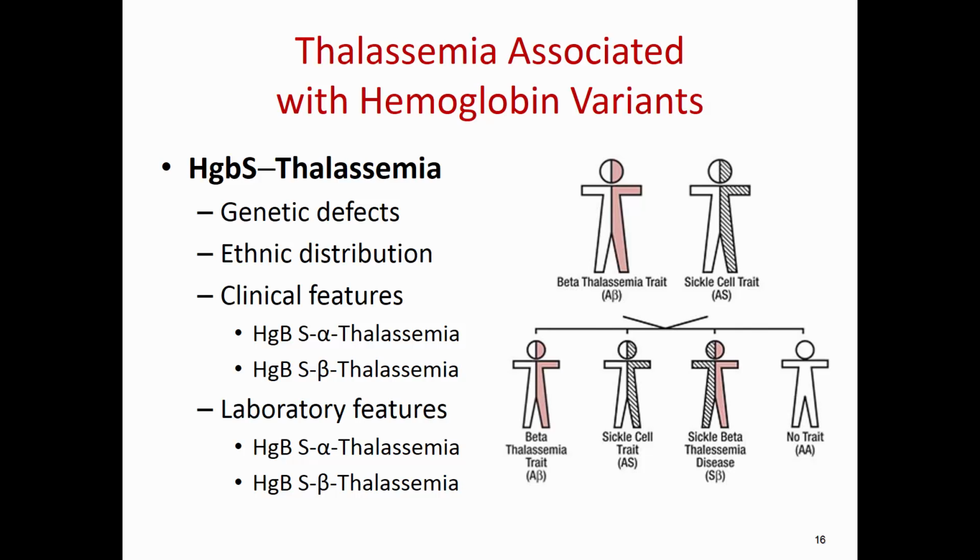Which means that on amino acid number 6 of the protein produced by this gene, instead of glutamic acid, I have what? Valine. That's right. I'm going to put S in here. Okay? But on the other one, I'm this guy with a 0.